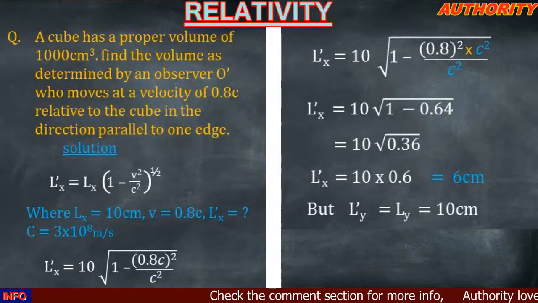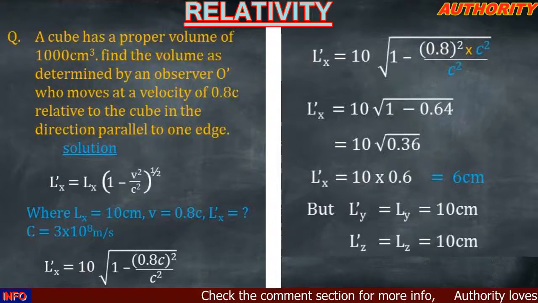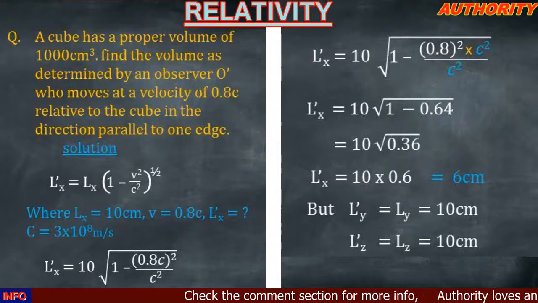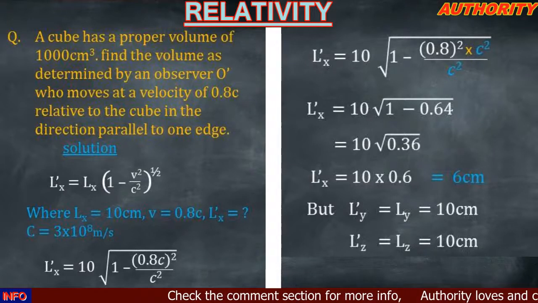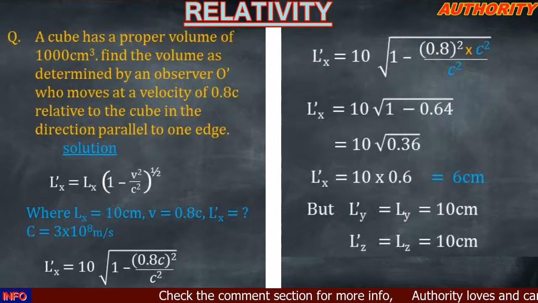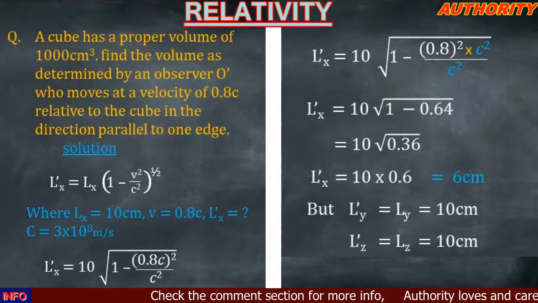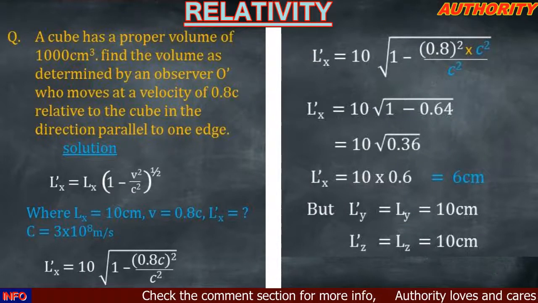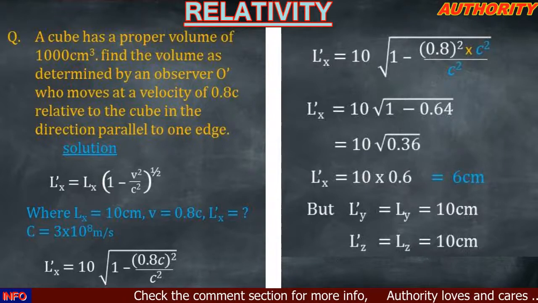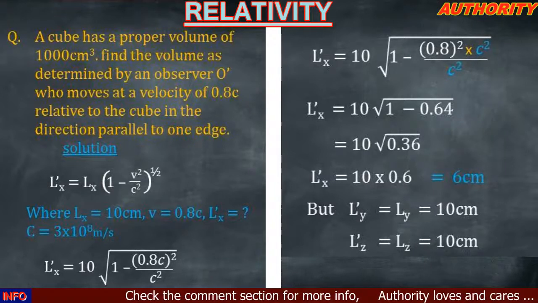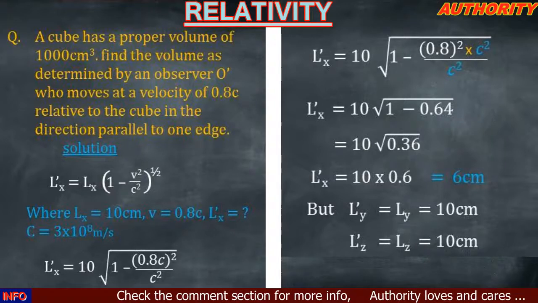And then the edge in z direction, that is the length in z direction measured by the observer in motion, that is L prime subscript z, is the same as the length in z direction measured by observer at rest, which is the same as 10 cm.